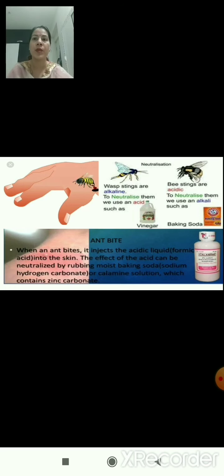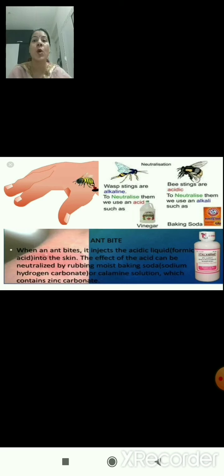That time you get some irritation because the sting of an ant contains formic acid. Children, here formic acid is an acid. So when an ant bites, it injects acidic liquid into your skin.